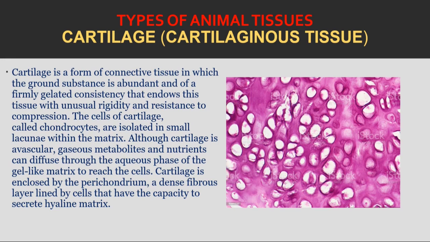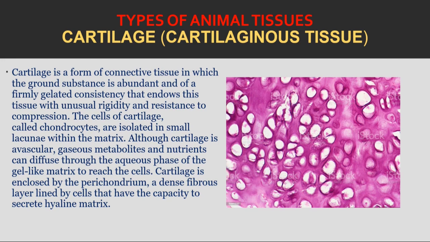Cartilage is enclosed by perichondrium, a dense fibrous layer lined by cells that have the capacity to secrete the hyaline matrix.